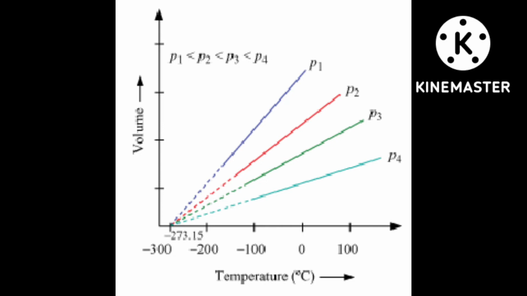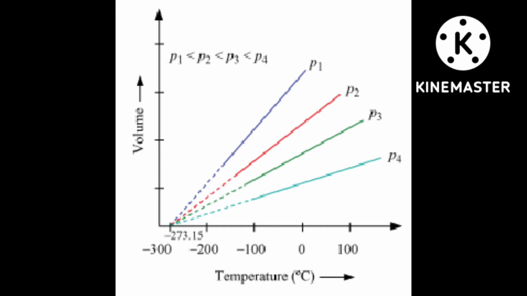Again I am telling you, Charles' law states that pressure remaining constant, the volume of a fixed mass of a gas is directly proportional to its absolute temperature. This is a very, very important law.